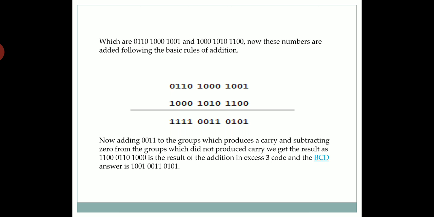Otherwise we subtract 0011. Then after adding and subtracting the 0011, we get the final result. That is the XS3 code addition.